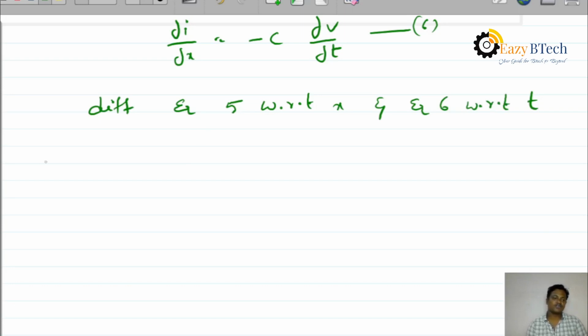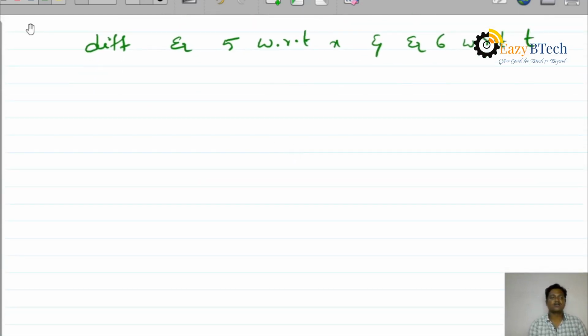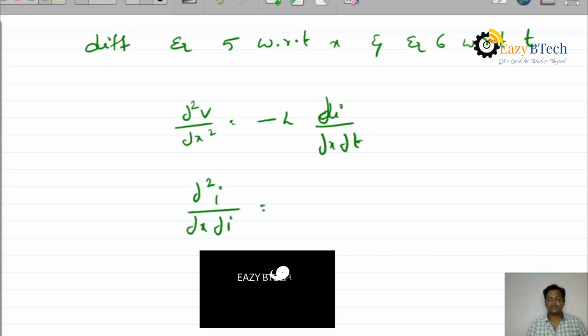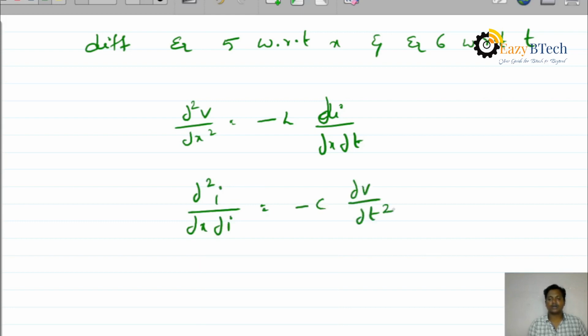After differentiation, dou square v by dou x square equals minus L dou square I by dou x dou t, and equation 6 becomes dou square I by dou x dou t equals minus C dou square v by dou t square.